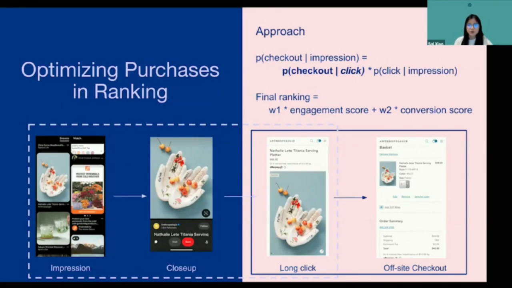In this formula, the probability of click given impression is approximated by the multitask model shown previously. And the probability of checkout given click is learned from a new shopping conversion model, which I will cover more in the next few slides.